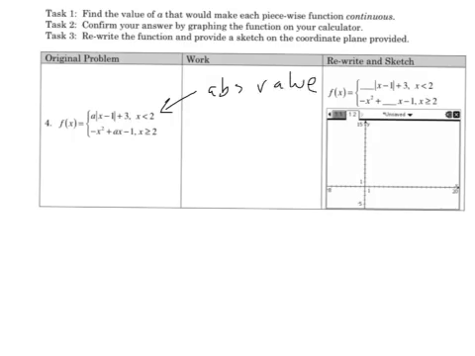Absolute value could be a V that's pointed up, or a V that's pointed down, but it all depends on what that value of a is. Maybe it's positive, maybe it's negative. If it's positive, we're talking about an upwards V. If it's negative, we're talking about a downwards V.